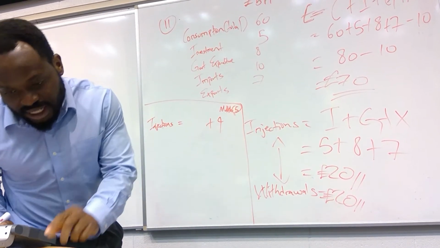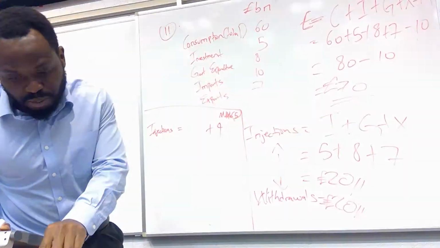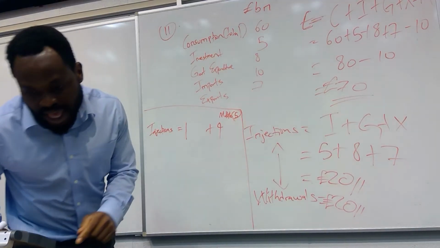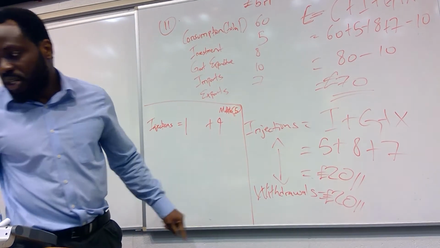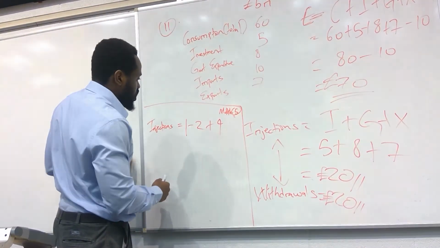What else does it tell us? It tells us that spending on investment rises by 1 billion, so investment will rise by 1 billion. And then it says government spending falls by 2 billion, so that's minus 2 here. So what does that give us in total?